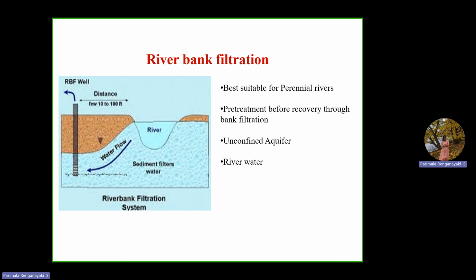If there is any organic content in the river water, when it is passing through the soil, microbes which are capable of decomposing the organic matter will decompose it, and we expect very good water when we take the water out from this well.